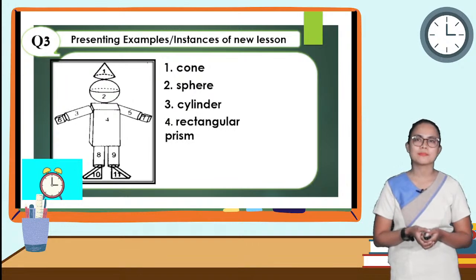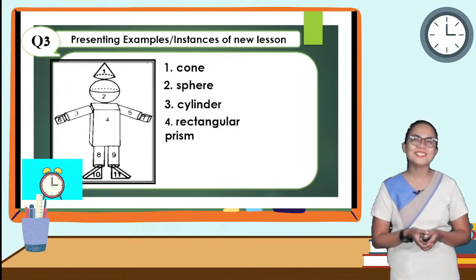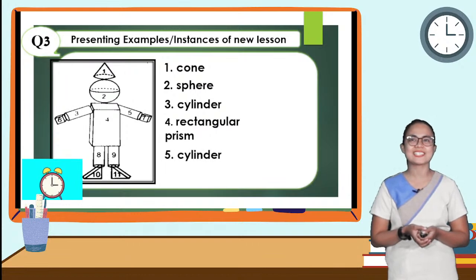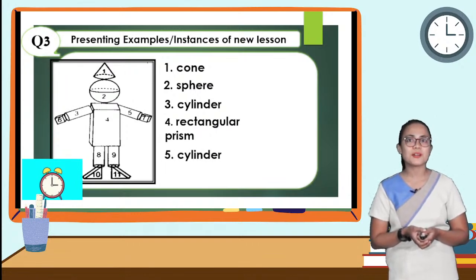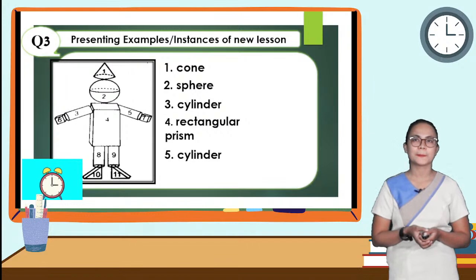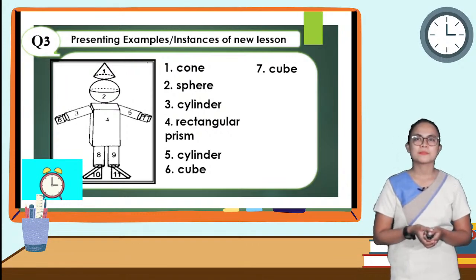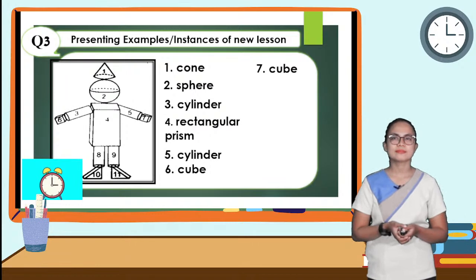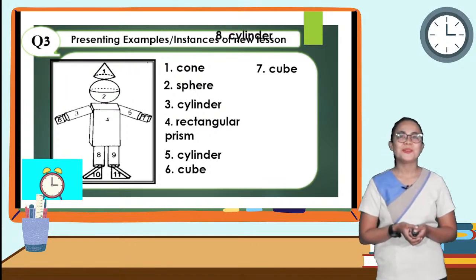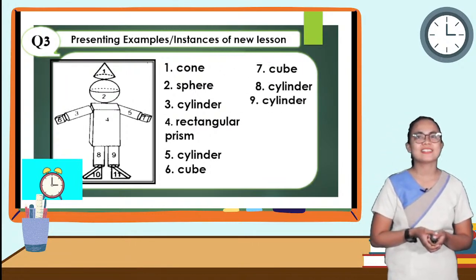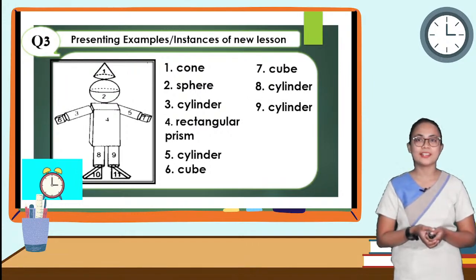And number 5, another cylinder. Great, Grade 6. How about number 6 and number 7? They are? Great job. We have 2 cubes. Cube for number 6 and cube for number 7. How about 8 and 9? Excellent. We have 2 cylinders. And number 10 and 11, we have?